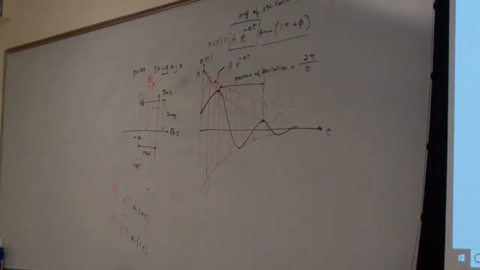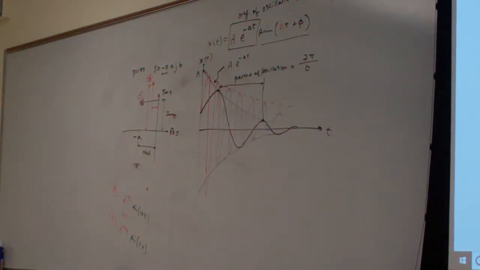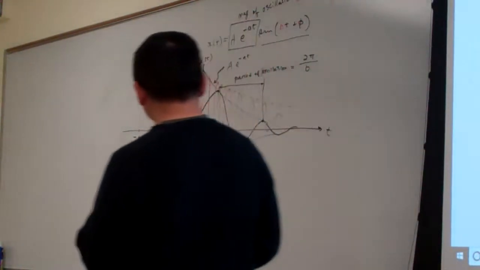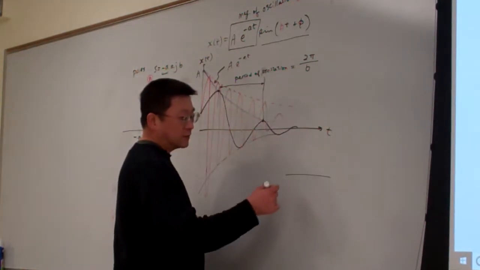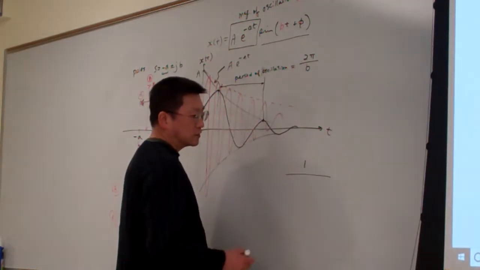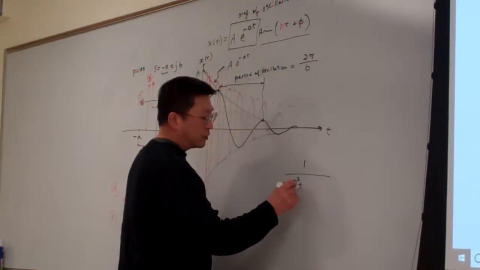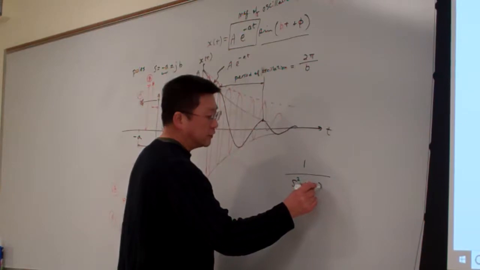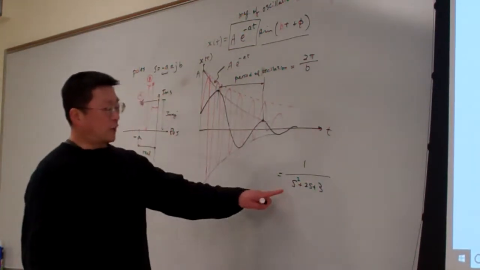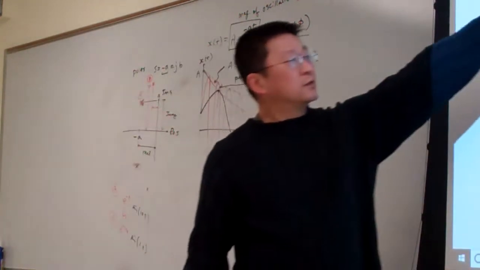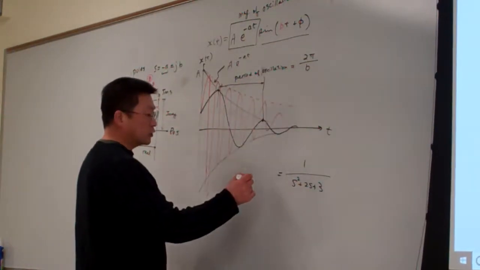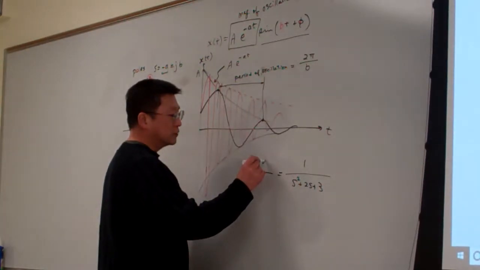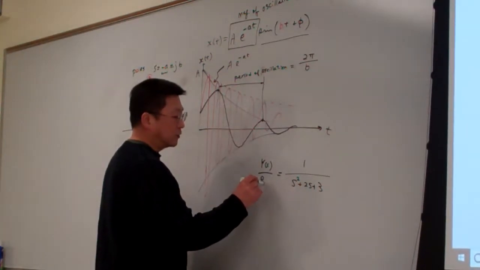And as for why this is a second order system, you might give yourself a try. For example, for a given transfer function, let me make up one. Say this is 1 over s squared plus 2s plus 3. This is one special case of this. I simply make up one example there. This is a transfer function that is the output with respect to the input.